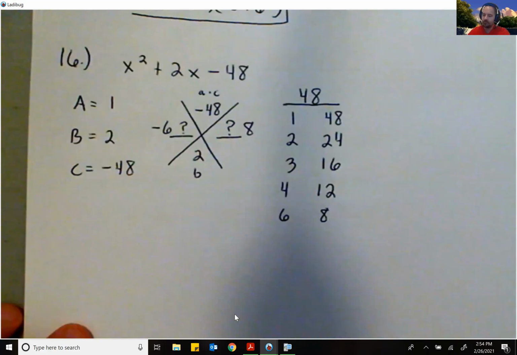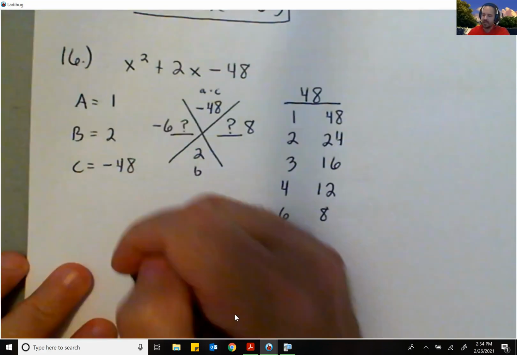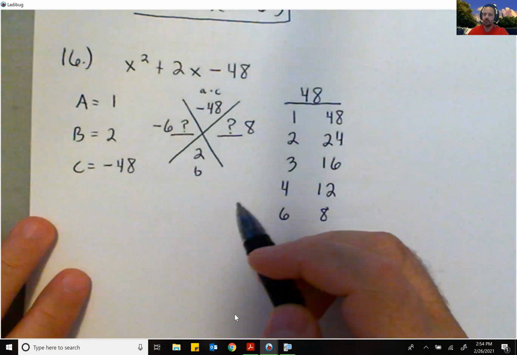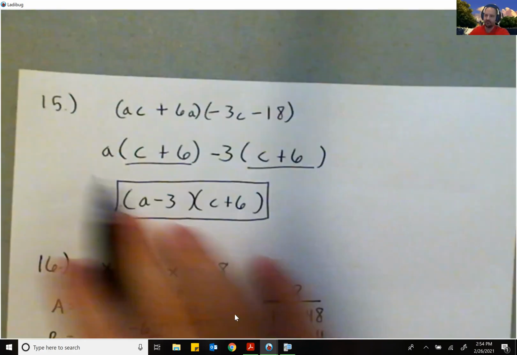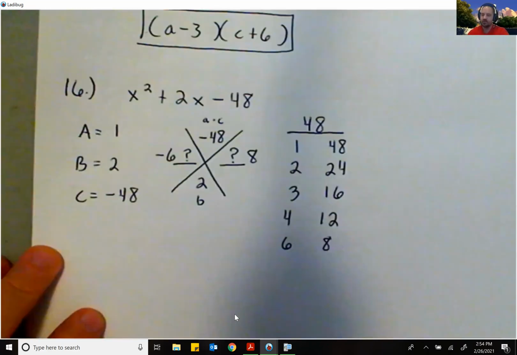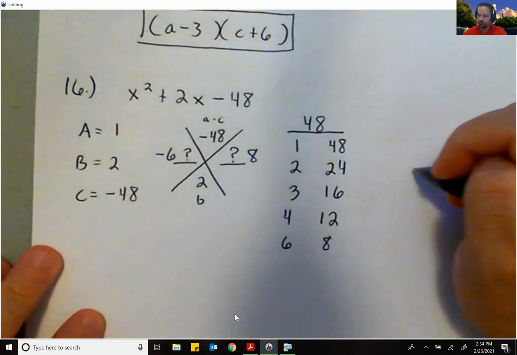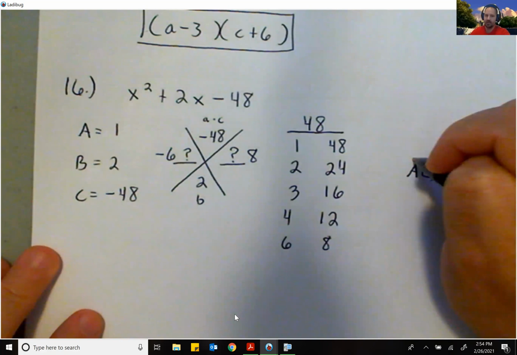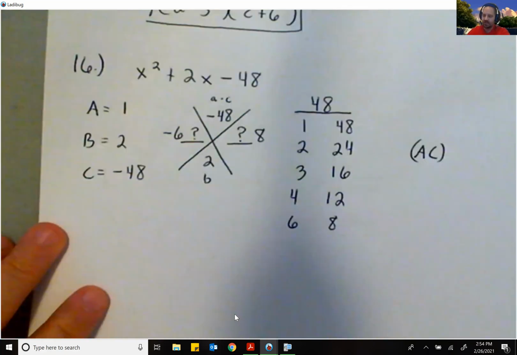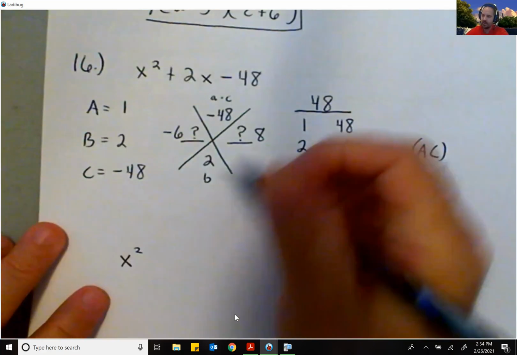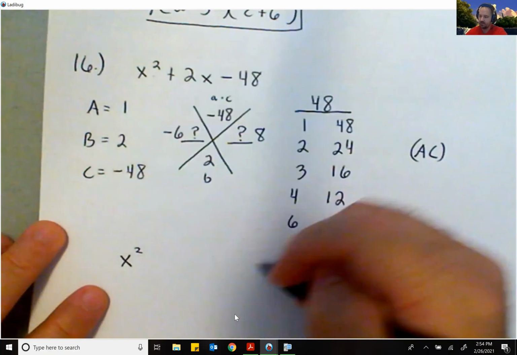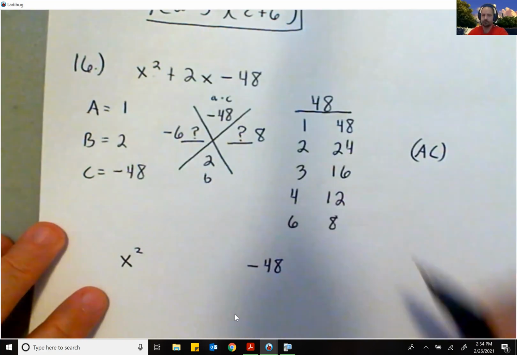And now you're going to set up grouping like what we did in 15. When you do the AC method, it is all about grouping in the end. So you're going to keep the beginning and the end the same.